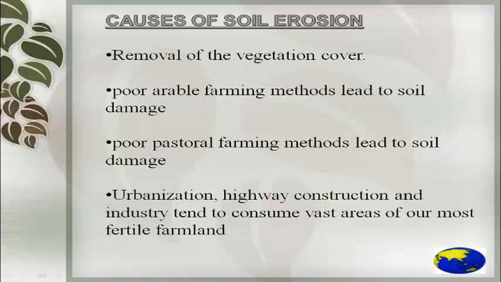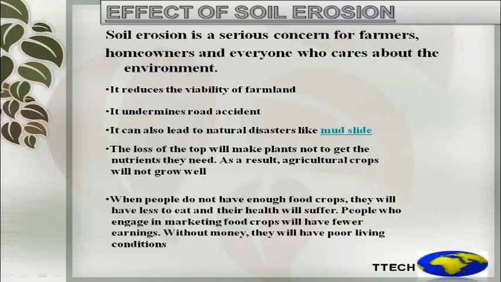We can also have urbanization, highway construction, and industry, which tend to consume vast areas of our most fertile land. People who engage in making food crops will have fewer earnings. Without money, they will have poor living conditions, and this cannot motivate or encourage them to do the work they want to do.